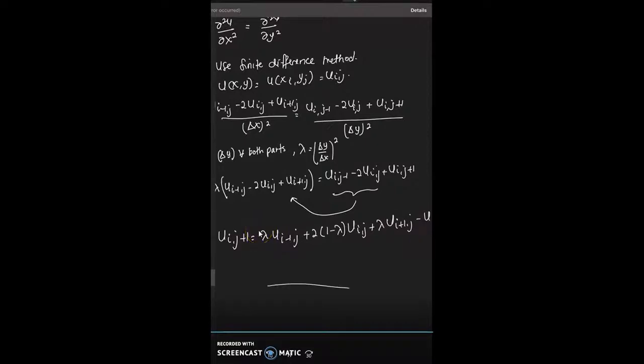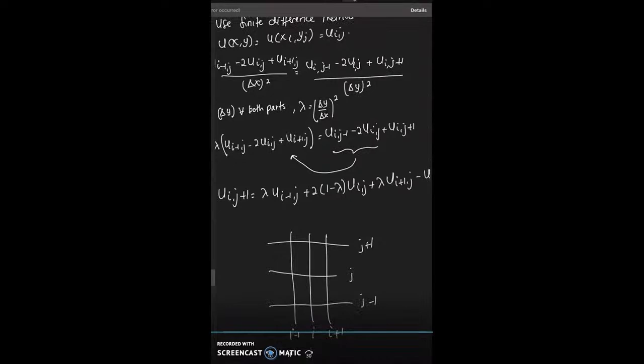Why? Because u_ij plus u_ij is 1 minus lambda times u_ij times 2. So when we draw the graph, it is still like elliptic.